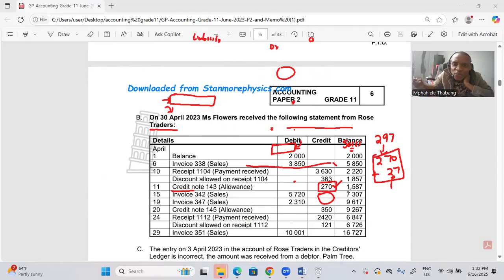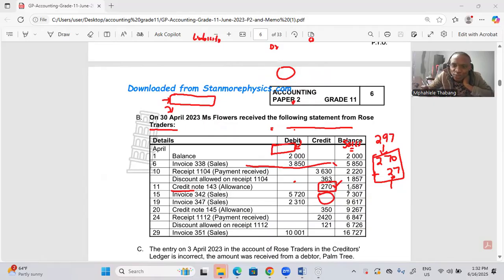We have to rectify the mistake which has been made on the statement, on the creditor's reconciliation statement. When we rectify the mistake which is appearing on the statement of account, we rectify that mistake by recording on the creditor's reconciliation statement.